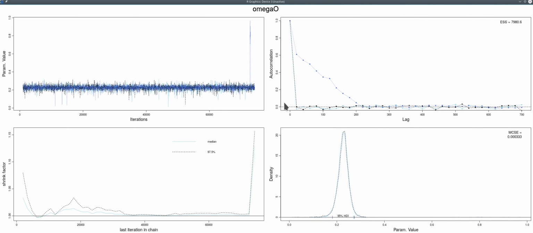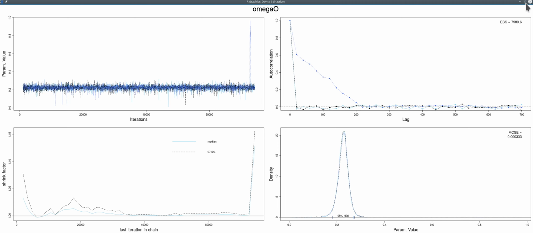We also see that the autocorrelation is fairly close to 0, but there is a little bit of cause for concern in that the estimated sample size is somewhat small. It's less than 10,000. And we also see, if you notice, that the shrinkage factor has gone up away from 1. So there is a bit of cause for concern here. These are diverging, and you'd also see that over here.